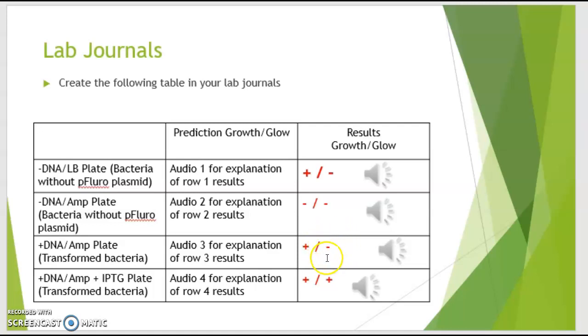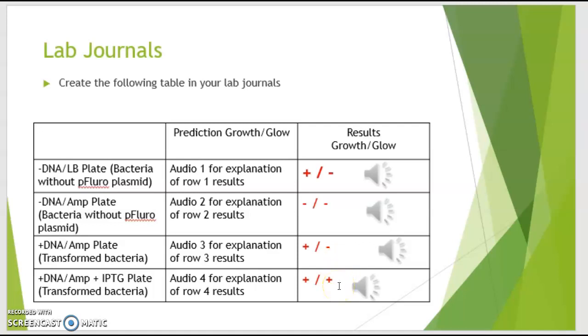No. The reason is that the inducible promoter must have IPTG in order to allow for the expression of the green fluorescent protein gene. So since this plate does not have IPTG, essentially the gene is turned off and it cannot be read and it will not glow. So that leads to our last one.